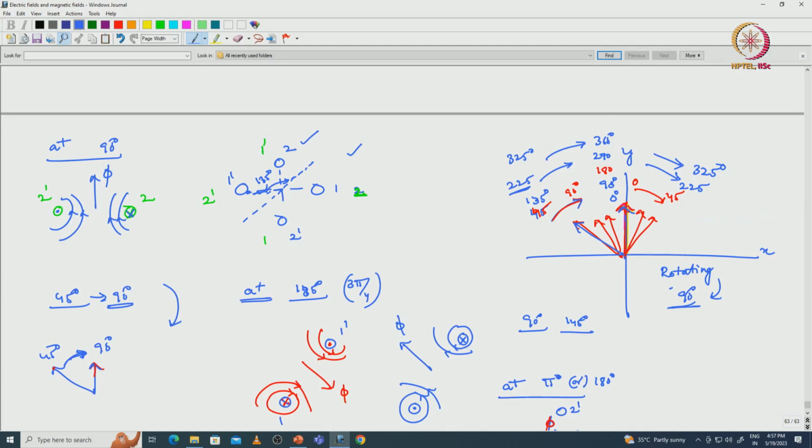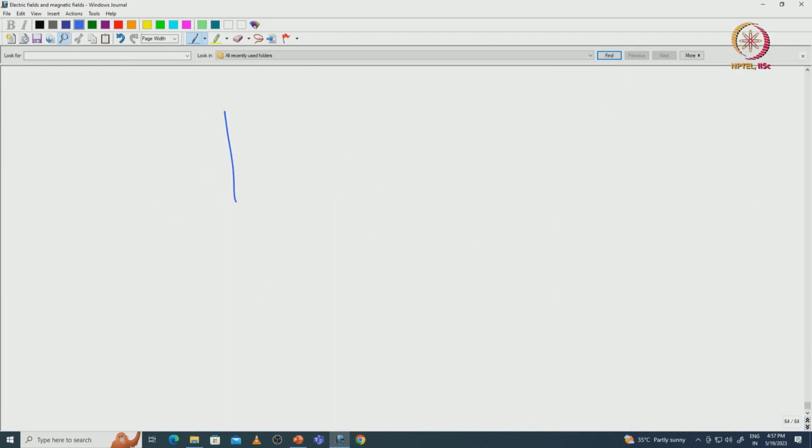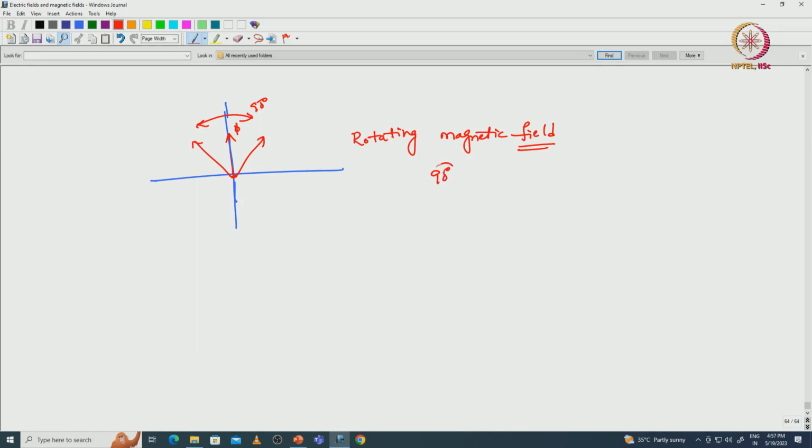So we can conclude that with respect to the two conductors, the flux vector is rotating in a span of 90 degrees. Okay. This is the flux vector plot. It is a rotating magnetic field, but for a duration of 90 degrees, no symmetrical rotation.